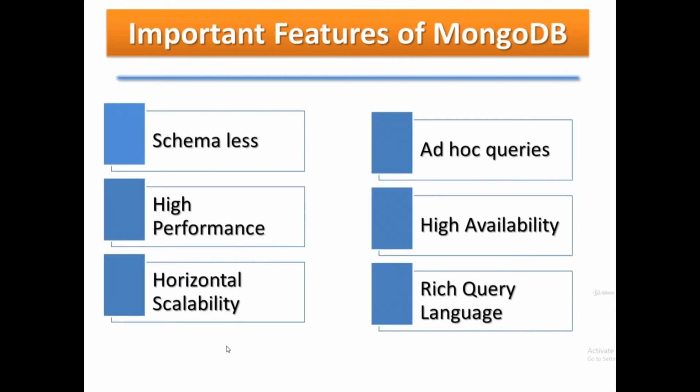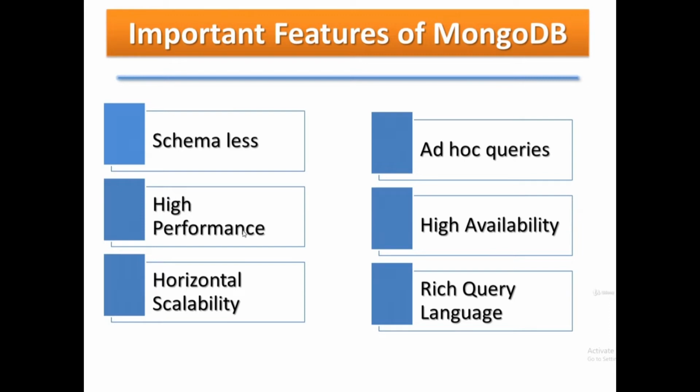It is schemaless. MongoDB is a document database in which one collection holds different documents. The number of fields, contents, and the size of the document can differ from one document to another, and this gives the schemaless structure. The next feature is that it supports ad hoc queries. In MongoDB, you can search by fields, you can apply range queries, and it also supports regular expression searches.